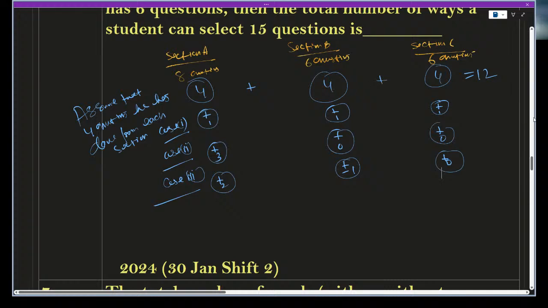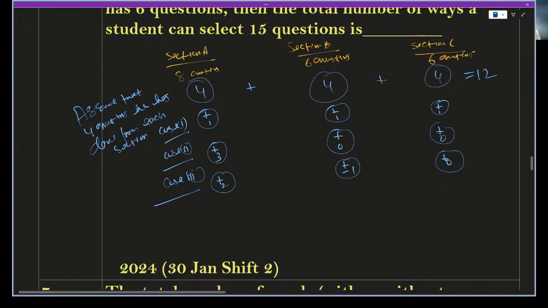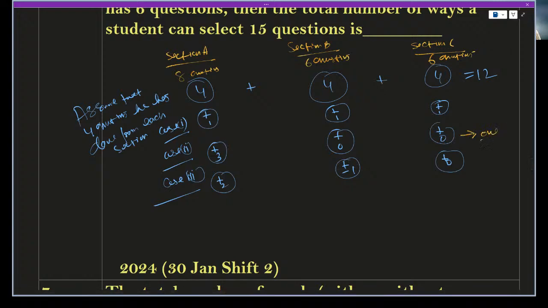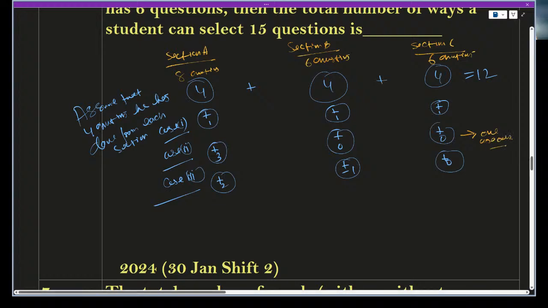And then 4, 4, it is going to be 12. This 2, 1, 0 may be from here. 4 plus 2 may be possible from here, plus 1 may be possible here. So first, when you are solving the sum, you will be noticing this manner. This is one case only. No other choice.